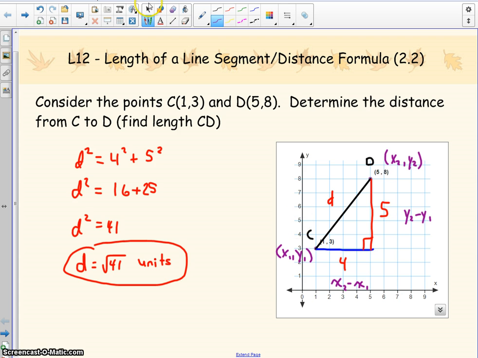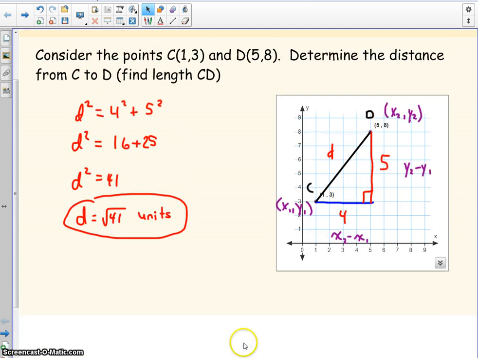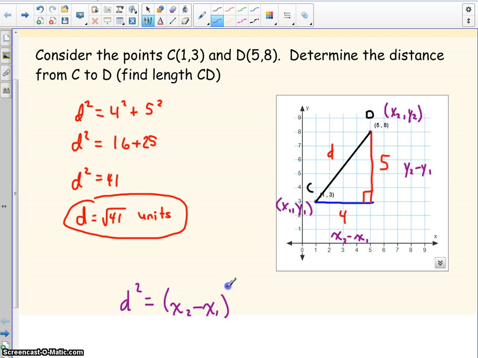So I could create a general equation using my x and y values for my 2 points. I could say that d squared is equal to my change in x, so (x2 minus x1) all squared, plus (y2 minus y1) all squared.